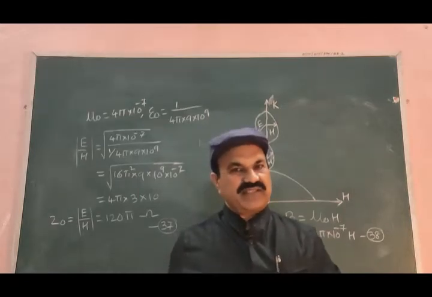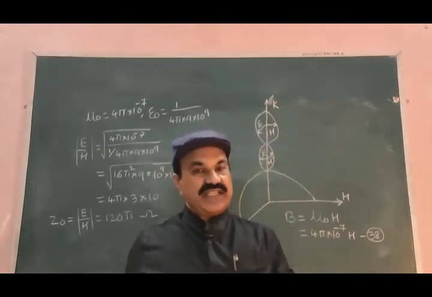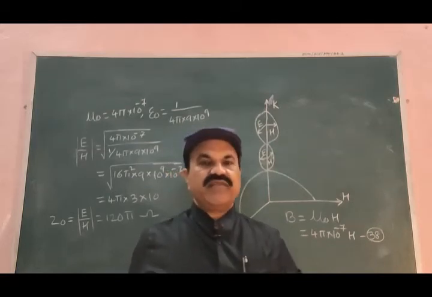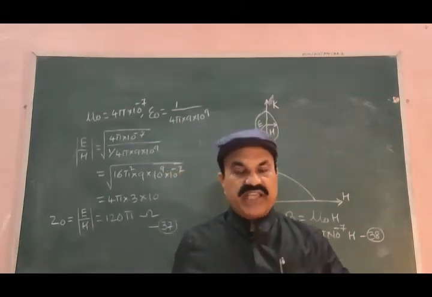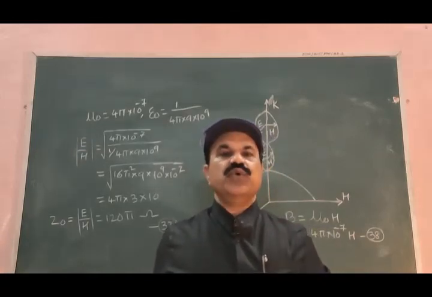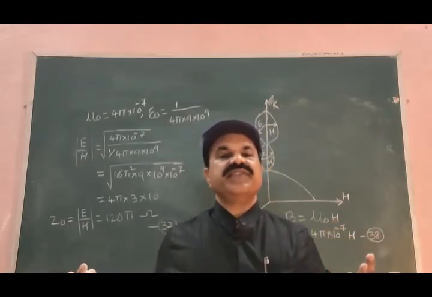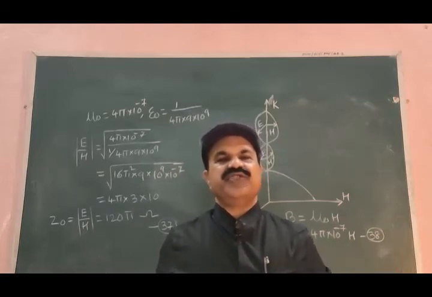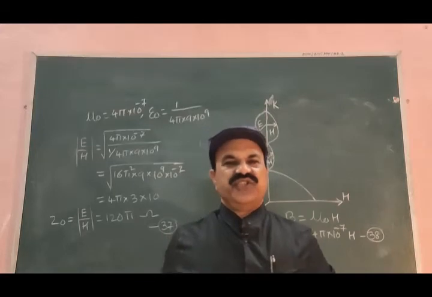For free space, B is equal to, instead of mu H, mu 0 H. D is equal to, instead of epsilon E, epsilon 0 E. J is 0 because free space is non-conducting. Conductivity sigma is 0, therefore J is 0.